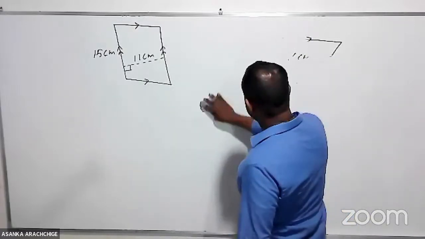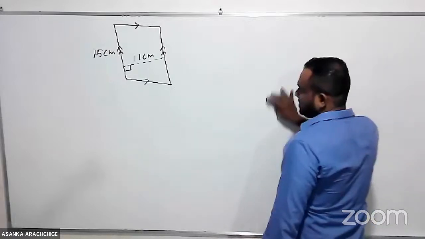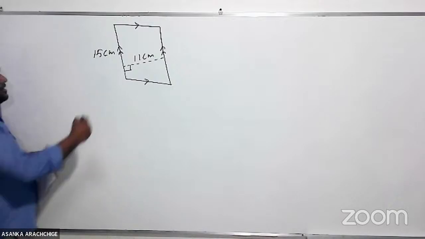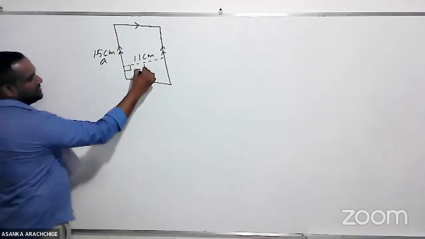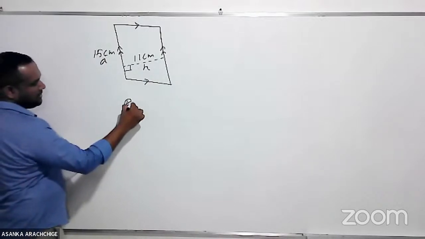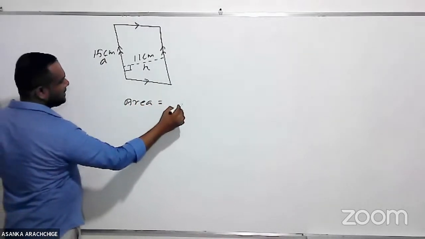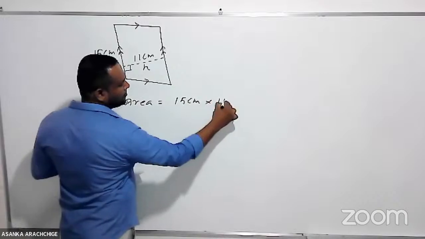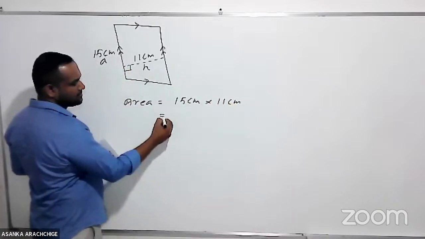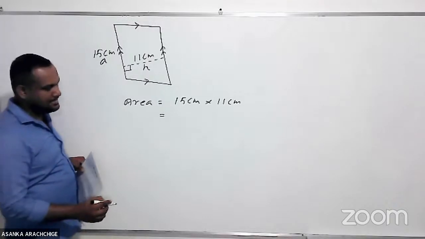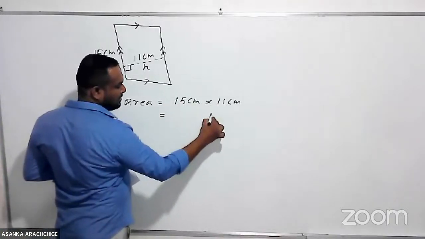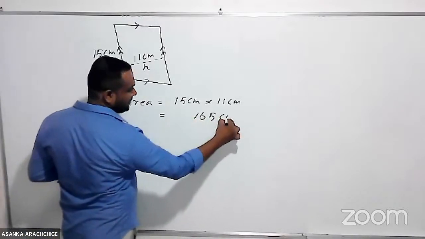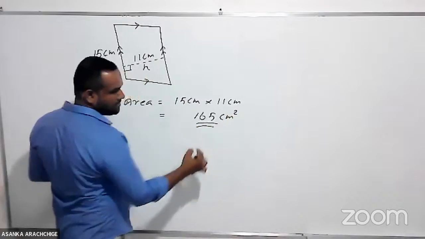Yes, sir. What is the area? 165 square centimeters. Now this is A, this is the perpendicular height. Area equals AH, 15 centimeters into 11 centimeters. That equals 165 square centimeters.